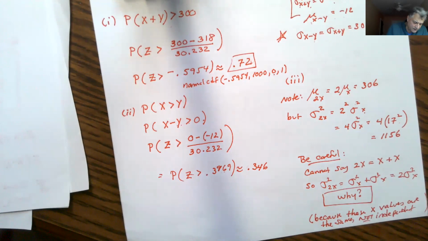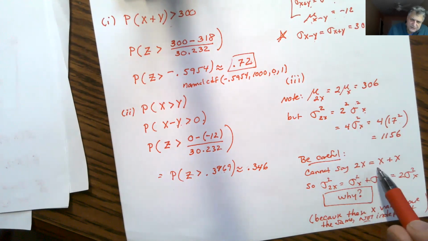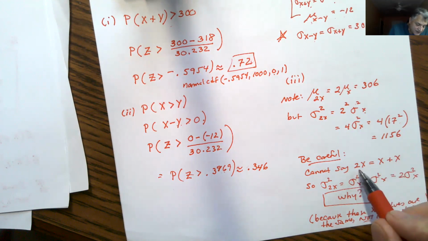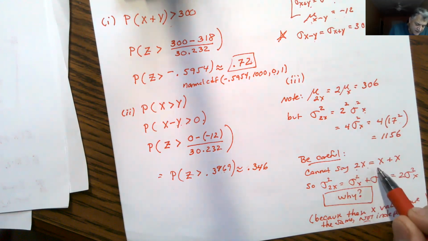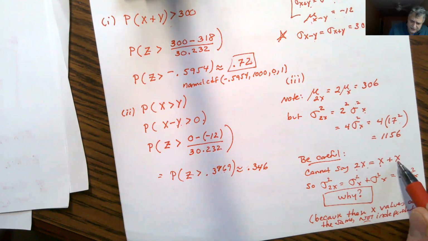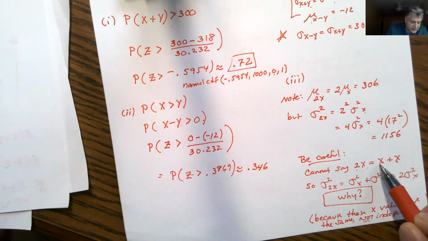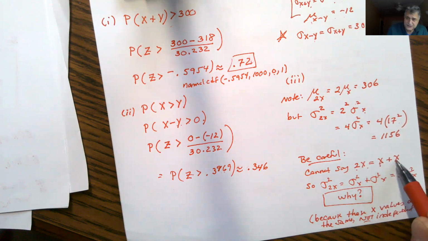Now you be careful. You cannot say that 2x equals x plus x. You cannot say that the variance of 2x is the variance of x plus the variance of x. The reason is because these two things are not independent. Once you get a value for x here, since this is exactly the same thing, they're obviously not independent, okay?